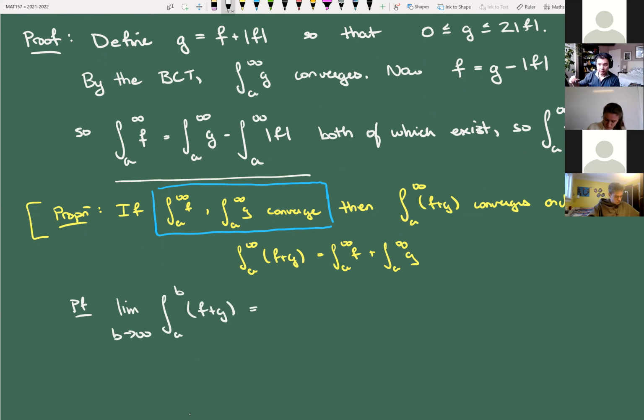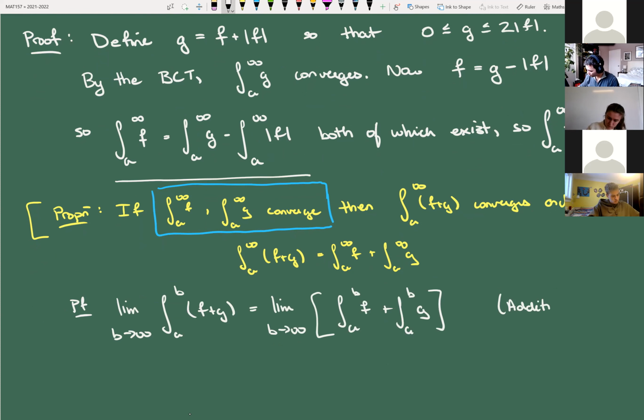Now we have additivity of the integral: the integral from a to b of f plus the integral from a to b of g. So this is additivity of the integral.